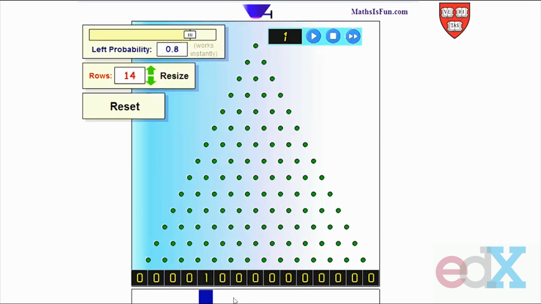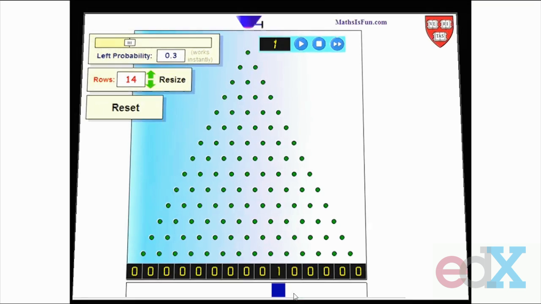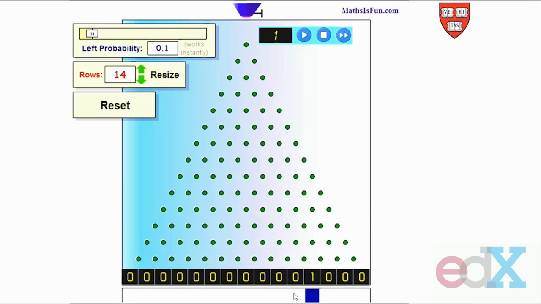Whereas if I change the left probability to 0.8, then you'd expect it to end up somewhere down here, and in fact here it is. When I let one go, it arrived there. When I change the left probability to 0.3, then you'd expect it to end up at this end, and there it is. And lastly, if I said 0.1, then it should be even more to this end, and there it is.